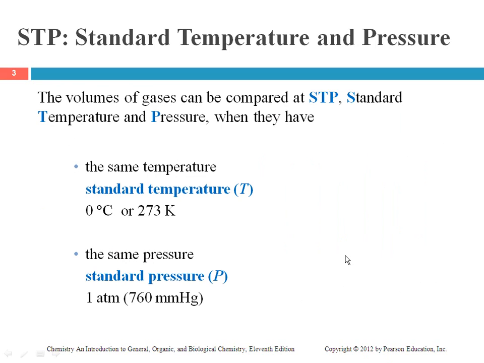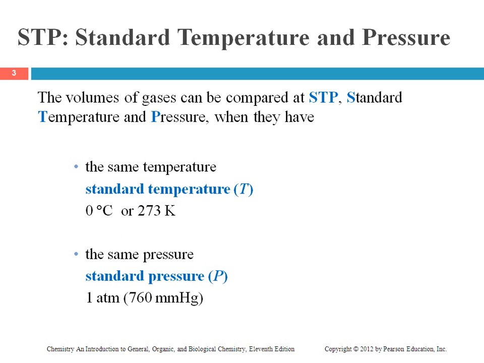One of the main concepts under Avogadro's law is standard temperature and pressure and molar volume. Standard temperature and pressure is basically just values that we use for ideal gas laws and for ideal gases.